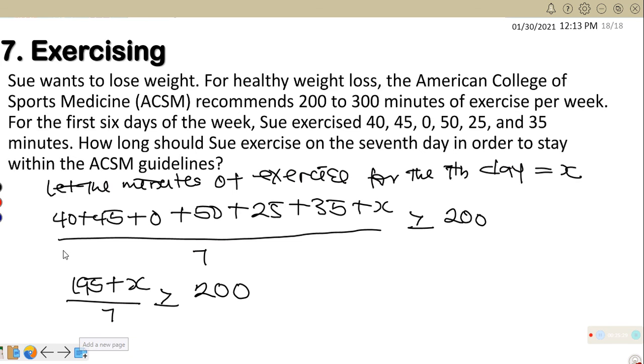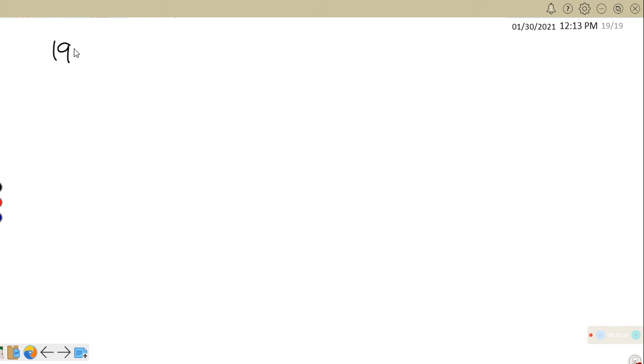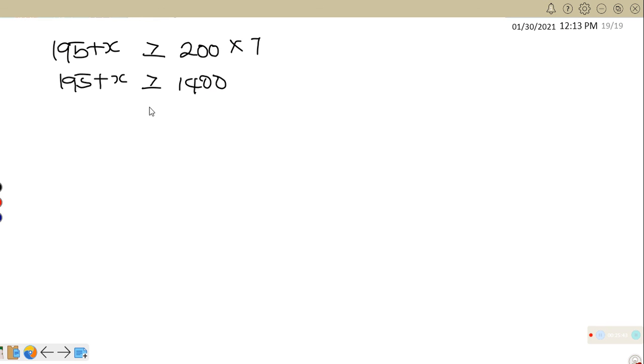So solving that inequality, we have 195 + X greater than or equal to 200 times 7, so 1400.